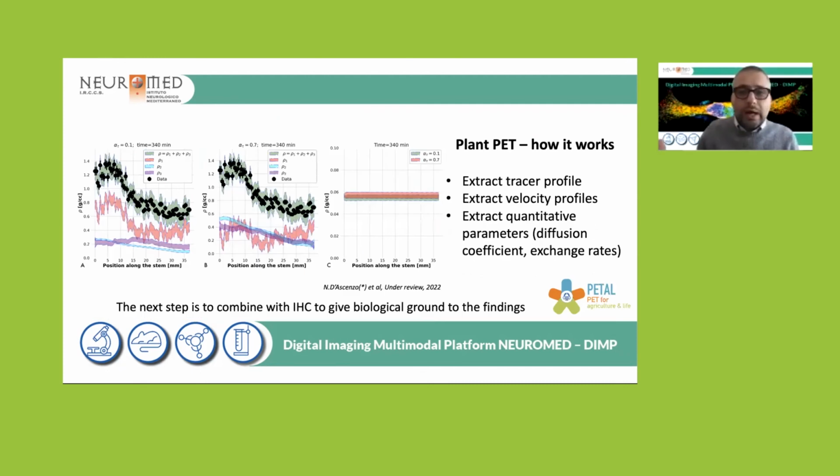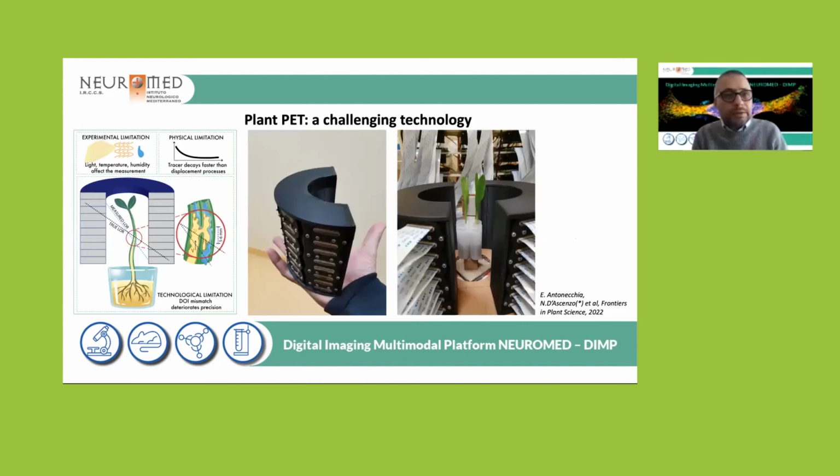We reconstruct the tracer profile, both the tracer flowing here in red and the tracer which is stored or which is diffused. And we reconstruct the velocity profile, which in this particular example is flat. The next step will be to combine with immunohistochemistry in order to give biological grounds to all the findings which we get from quantitative time dynamic PET.